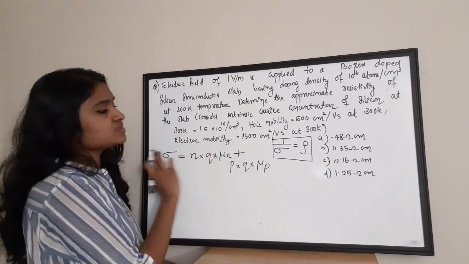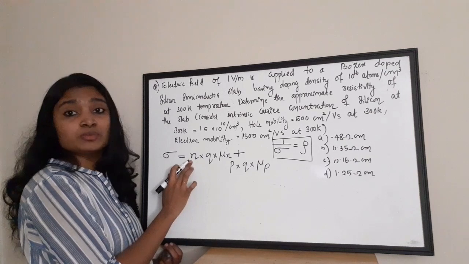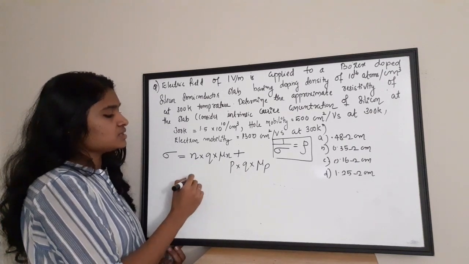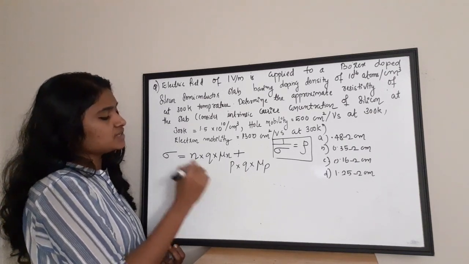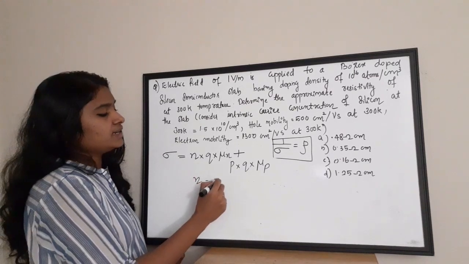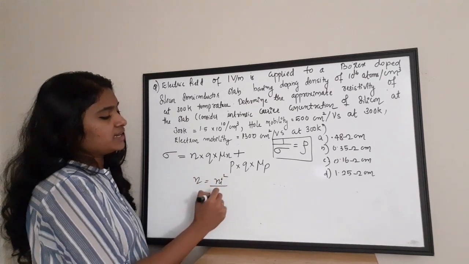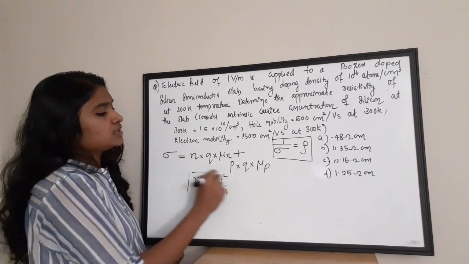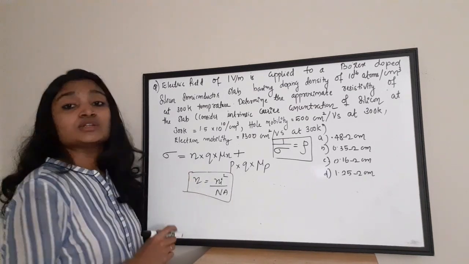So all the terms are known except the number of electrons. What is the number of electrons? N is equal to Ni square by Na, which is the equation to find the number of electrons.